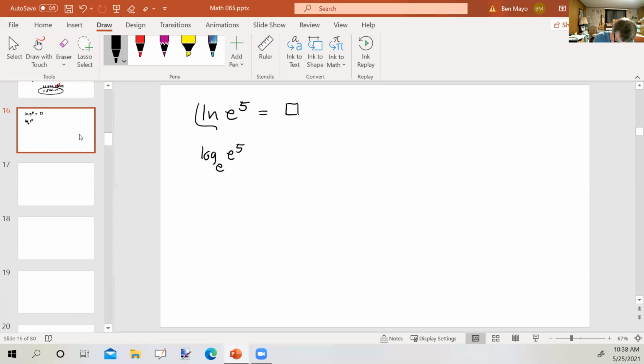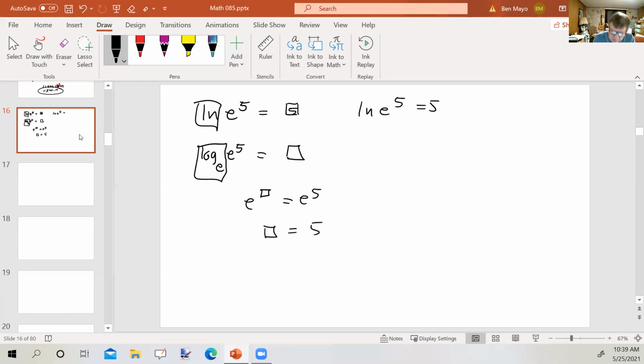So this becomes that, but that e to the 5th power is still there, and this equals box. Taking this logarithmic equation and putting it in exponential form, we get e to the box equals e to the 5th power. Therefore, the box is 5. So the natural log of e to the 5th power is 5.